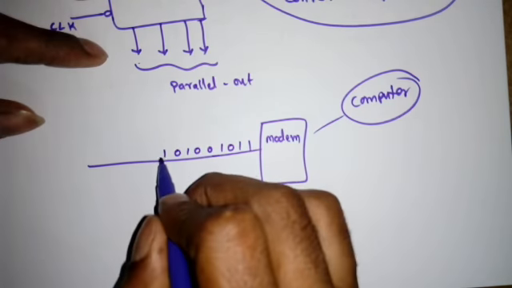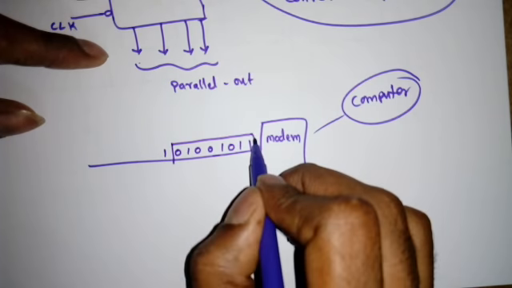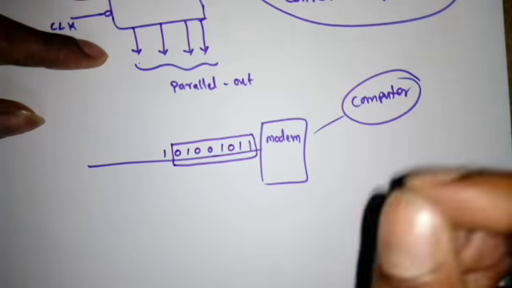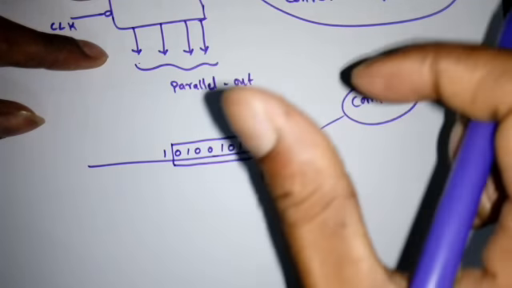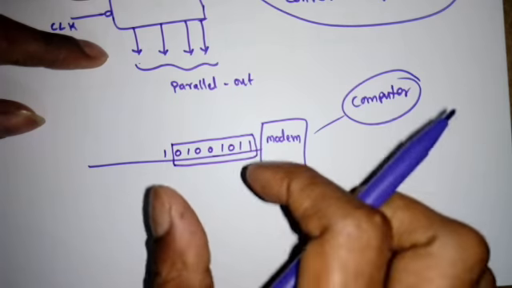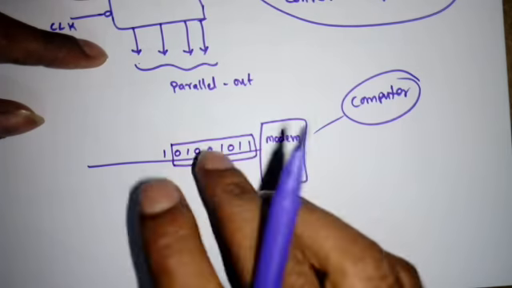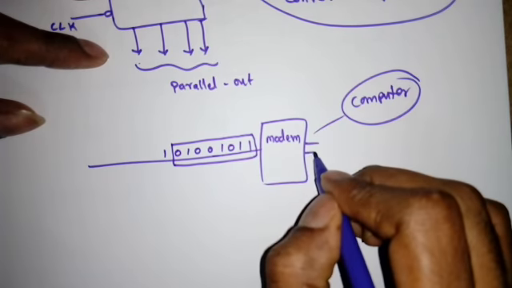Suppose I need up to 8 bits, so 4 and 4, so 8 bits, I need to perform some task, or it is denoting some logic or some operation. So the serial data is coming, 8-bit data packets, so there should be some device to convert this 8-bit data which is coming serially into parallel, right?